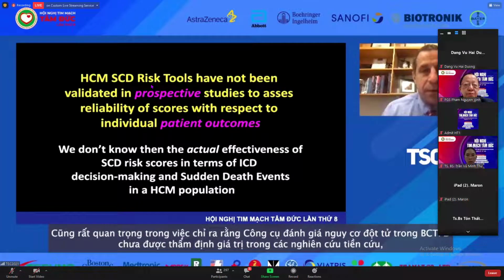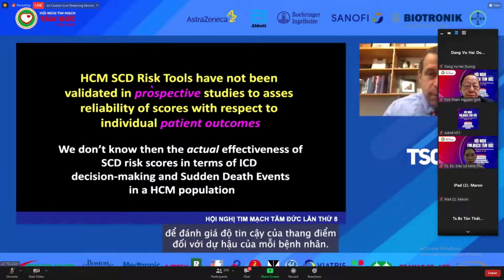It's also important to point out that these HCM risk scores or tools have not yet been validated in prospective studies to assess the reliability of the score with respect to individual patient outcomes.